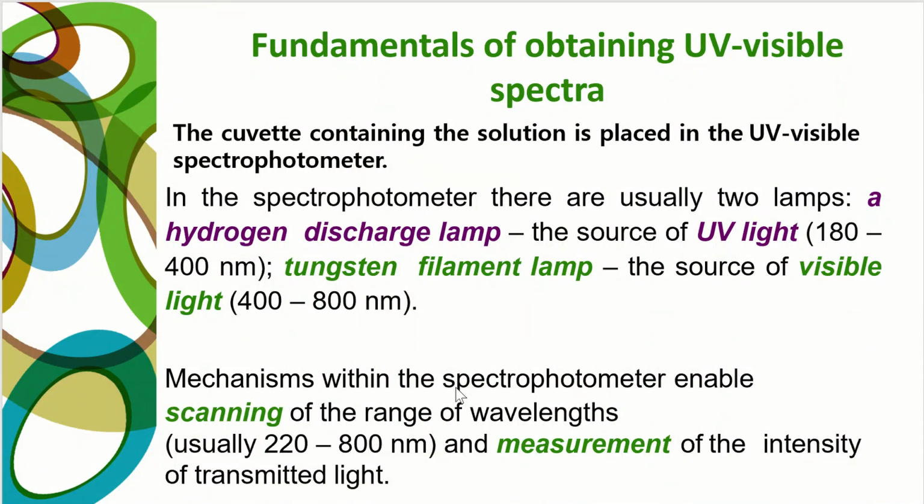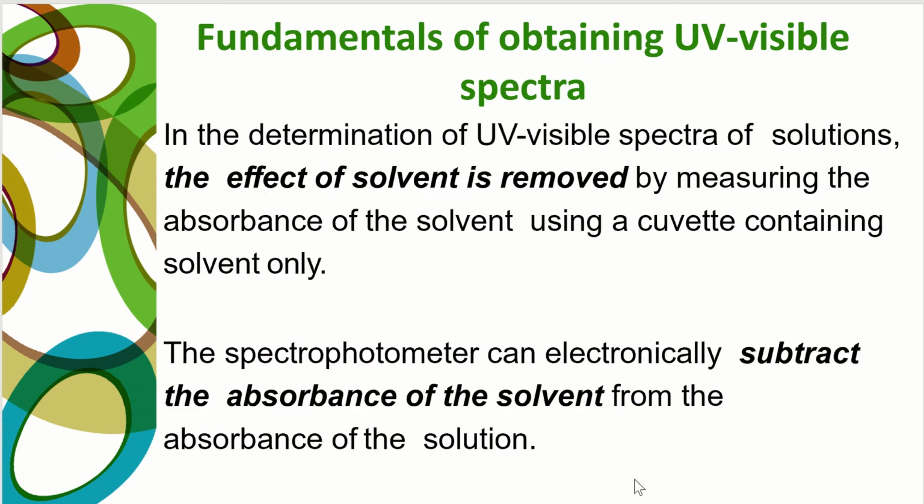Mechanisms within the spectrophotometer enable scanning of the range of wavelengths, from the UV to the visible portion, and measurement of the intensity of transmitted light.